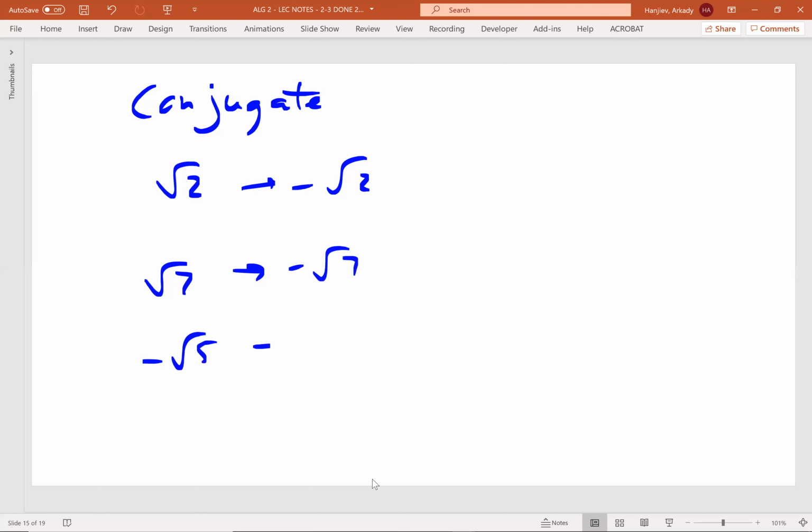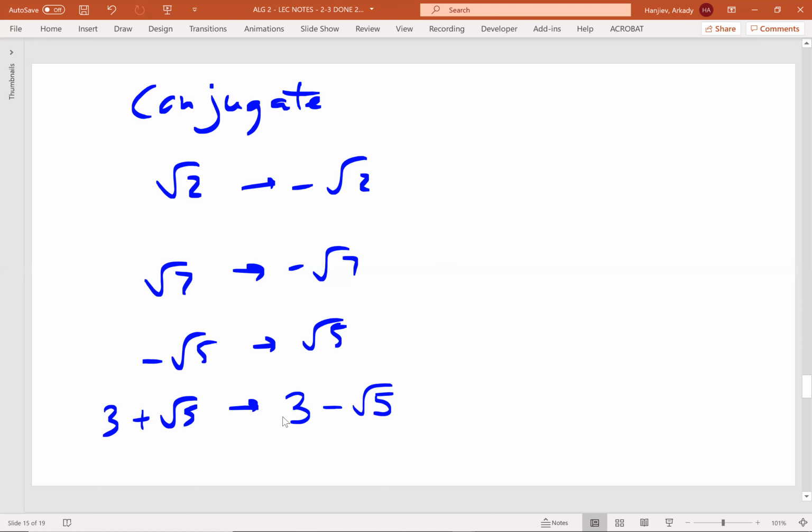Negative square root of 5, positive square root of 5. 3 plus the square root of 5. The 3 still is positive, and we just change the sign to the square root on the back end. So the number in front stays exactly the same. It's just the inside sign that changes for the conjugate.